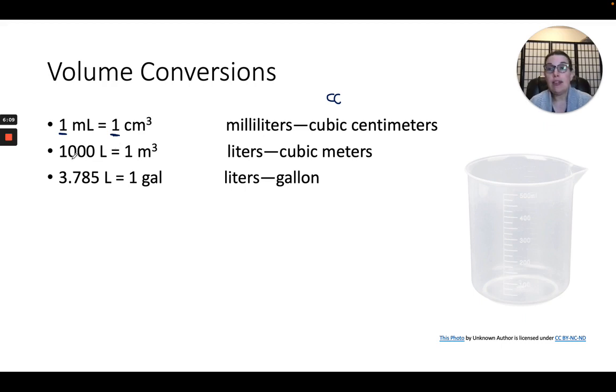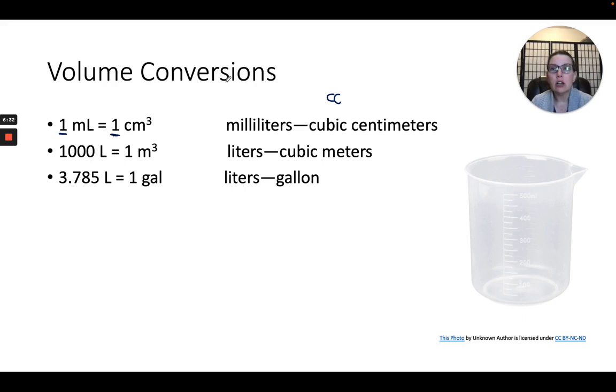Then we have 1,000 liters equals 1 meter cubed. So if you want to think about how big this actually is in real life, 1 milliliter would be like a little eyedropper, or maybe a little medicine dropper, dropping 1 drop at a time. That would be about a milliliter.